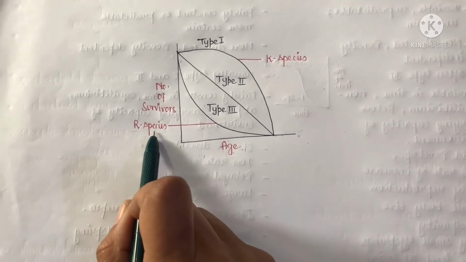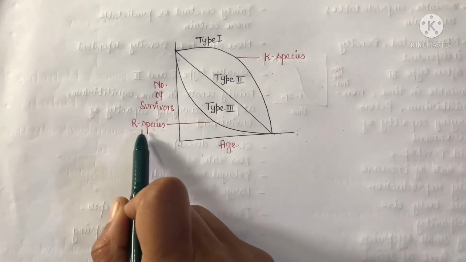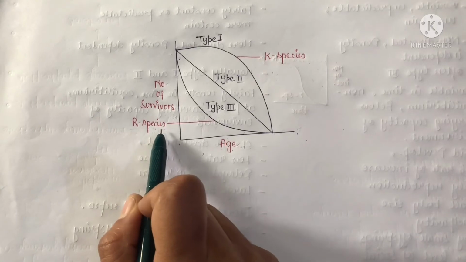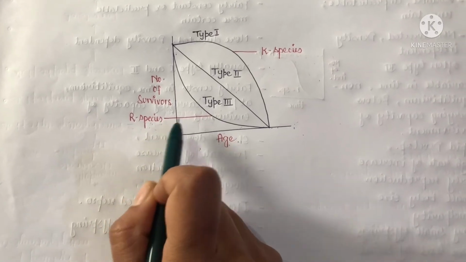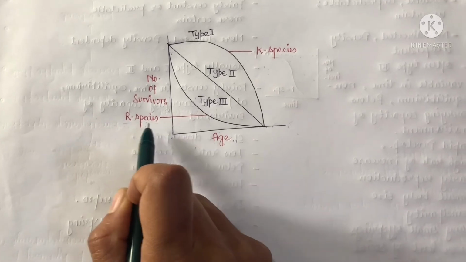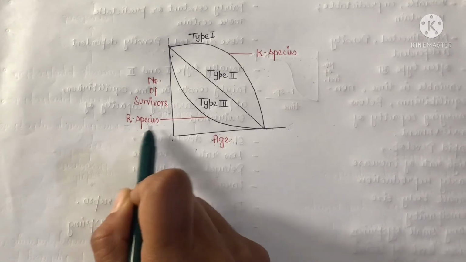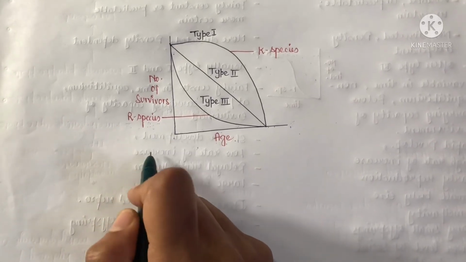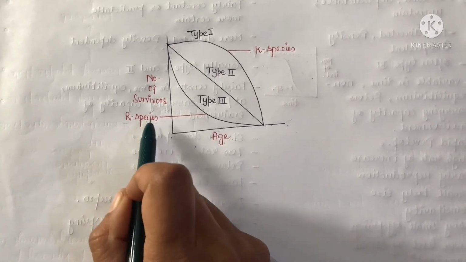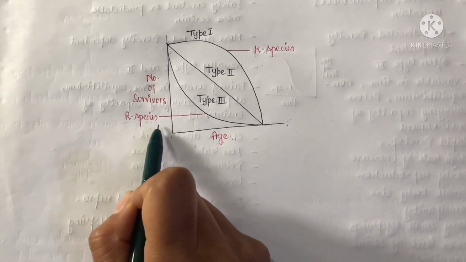These all species fall under the type 3 curve, right? Because they increase drastically whenever they find the opportunity to regrow or to reproduce, right? So that's why these R species are also known as opportunistic species, right? Because they need only an opportunity to reproduce, right?